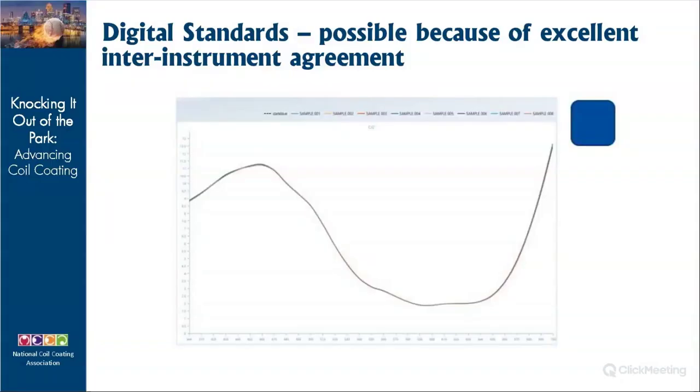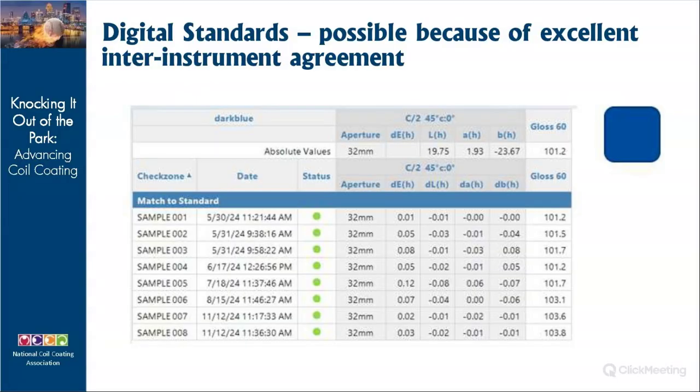Now, digital standards are also possible because of excellent inter-instrument agreement. So here you have 8 spectral curves from 8 different instruments on the same standard, and you can see that they overlay each other perfectly. And that's what you would want and what we would expect to see for inter-instrument agreement.